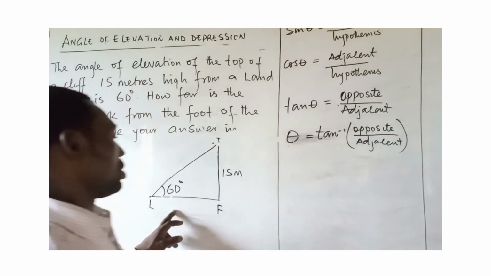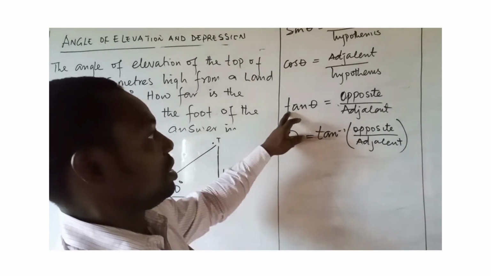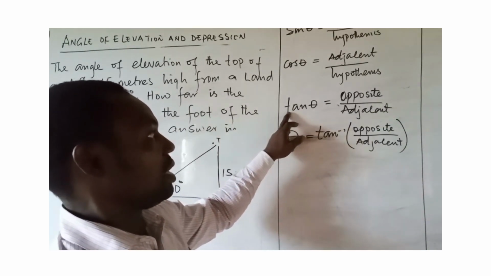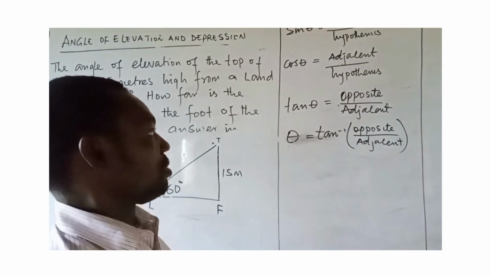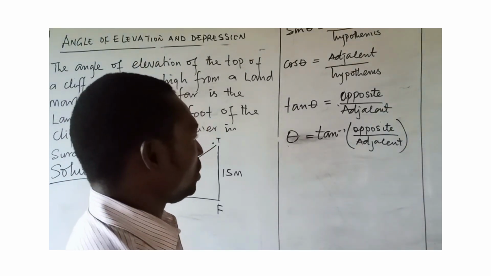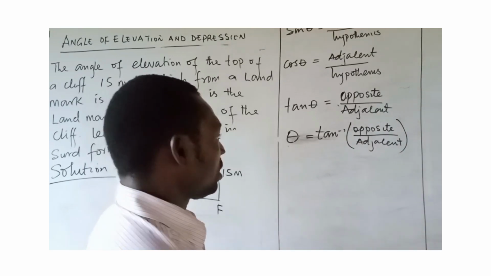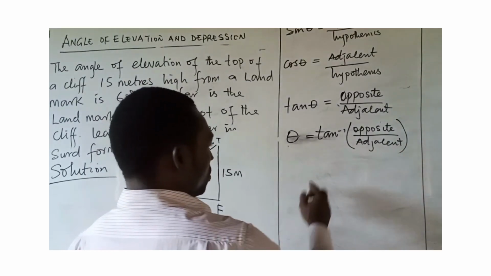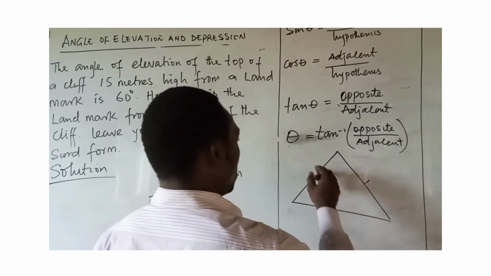So looking at the question, what we use to find LF is the formula tan theta equals opposite all over adjacent. But before we do that, we will find the values for the special angle, which is 60 degrees. In an equilateral triangle, all the sides are equal.